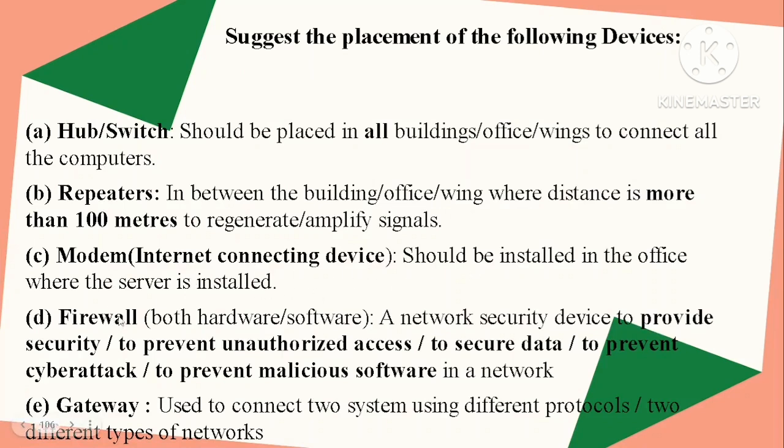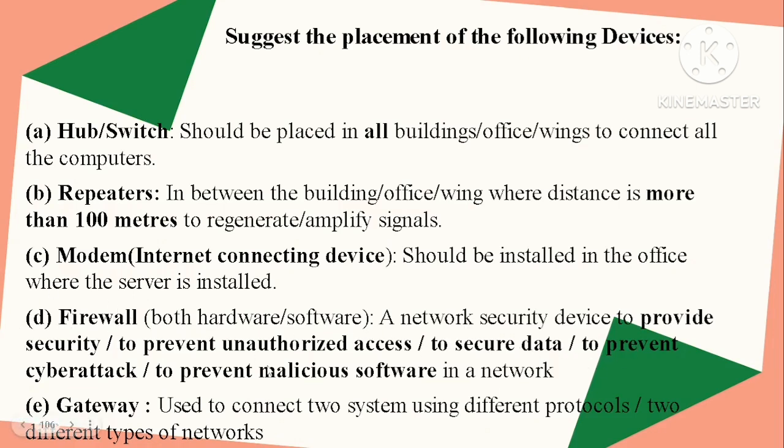Where is firewall used? Firewall is a security device, a hardware or a software, that provides security. It prevents unauthorized access to secure the data, to prevent cyber attack, to prevent malicious software. If any of these keywords is asked in a question, the answer is firewall.